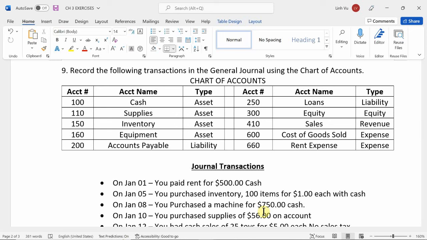Did I increase my cash or did I decrease my cash? Decrease. You decrease it. Now, how do you decrease an asset? Look at your accounting model.